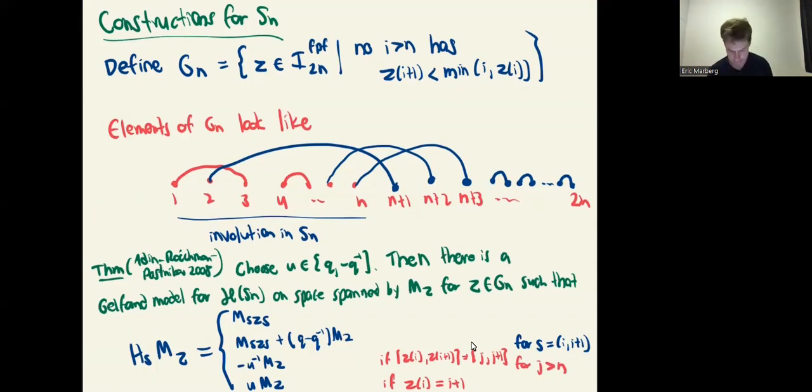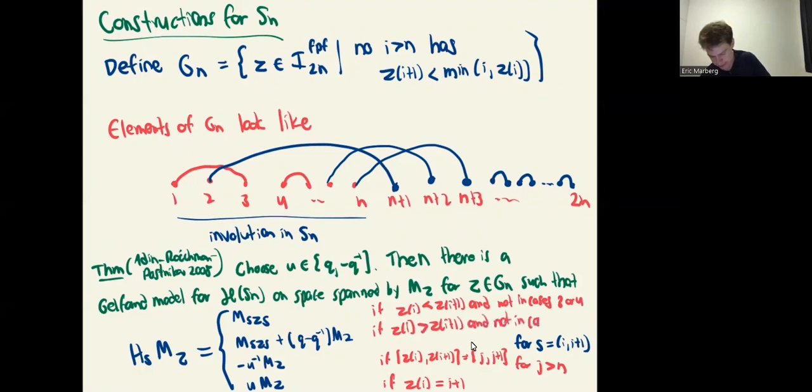And then these 2 cases are if just z of I is less than z of I plus 1 and not in cases 3 or 4. And this is if z of I is greater than z of I plus 1 and not in cases 3 or 4. So the point is that if we take a little bit of trouble, we can write down a very explicit version of this kind of Gelfand model.